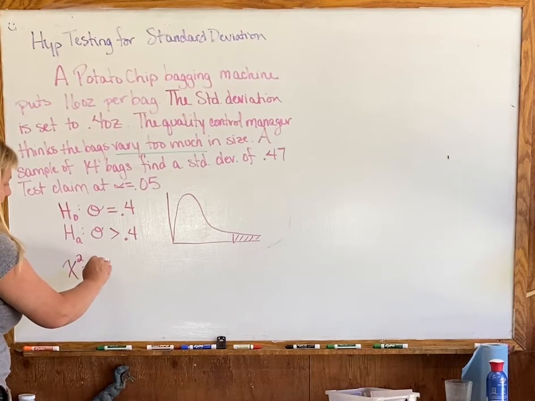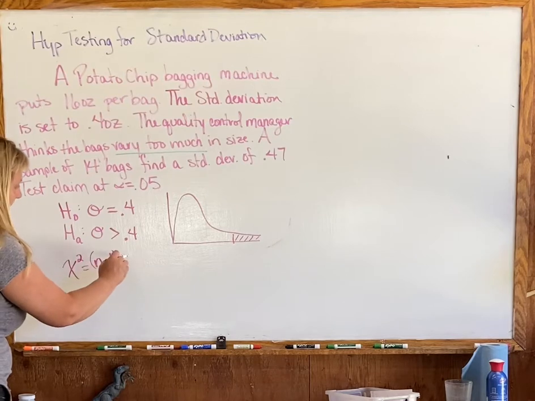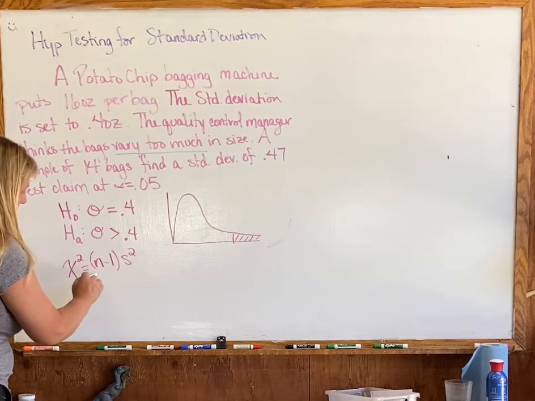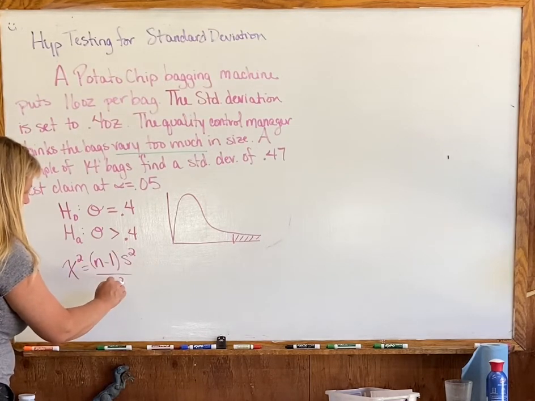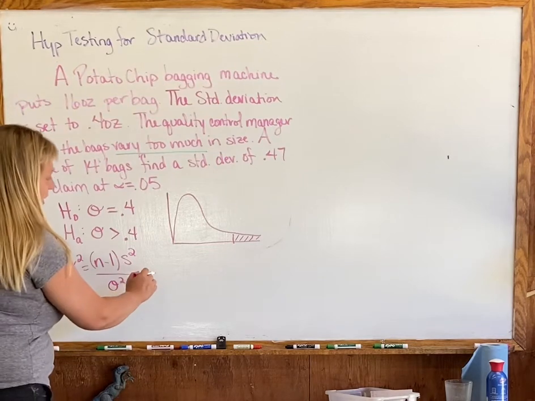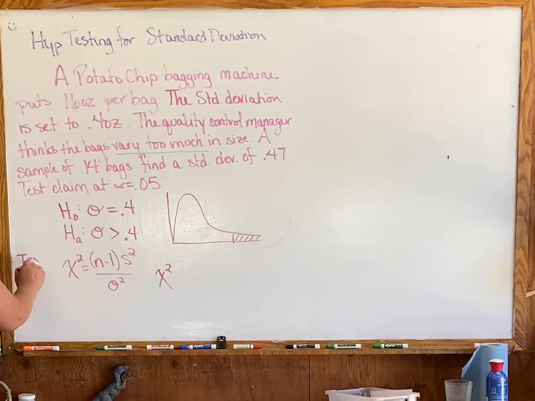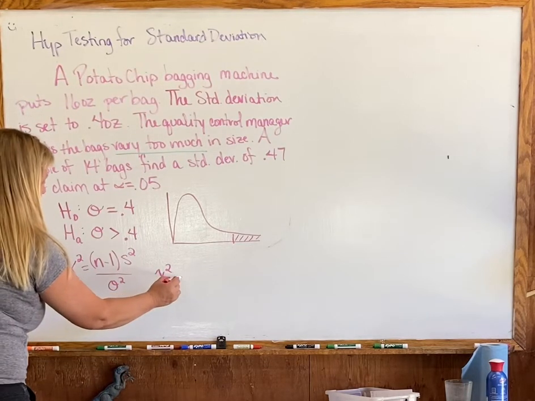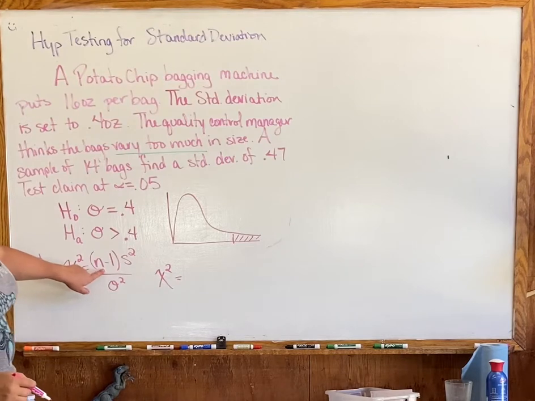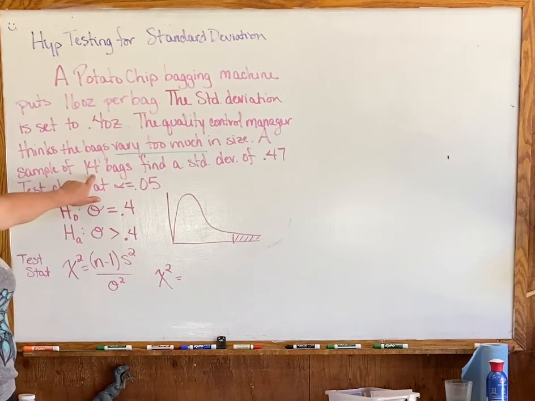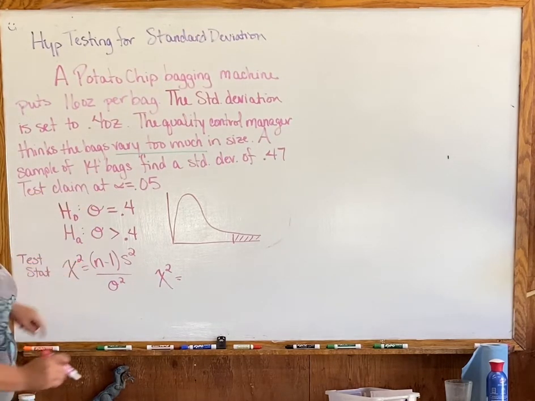Chi-square equals n minus 1 times s squared over sigma squared. So in our case, to find our test statistic, we need our n minus 1. We had 14 bags, so our n minus 1 is going to be 13.